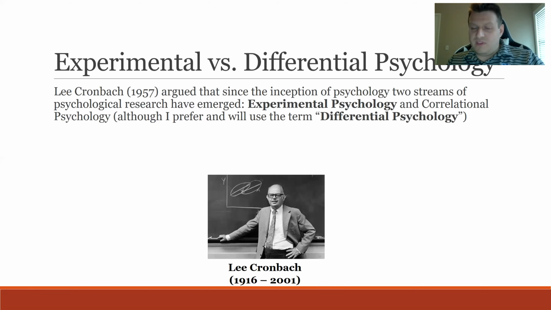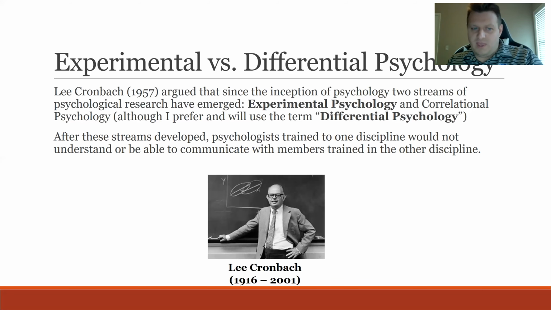I hate to say it, but these two disciplines have become even more fractionated. Even today, you are trained in one specific form of psychology, and many times you do not know much about any of the rest of psychology.